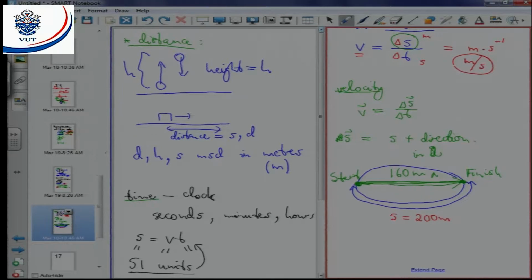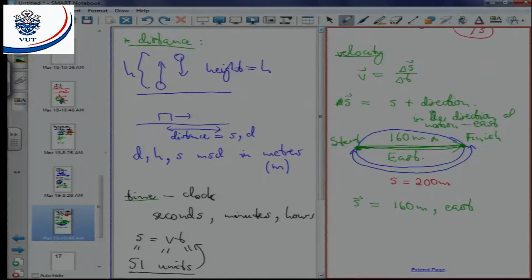So in the direction of motion, which in this case looks like east in my diagram. So we just say 160 meters east. So that's displacement. Okay, and we use a vector, so then we would write S is equal to 160 meters east.